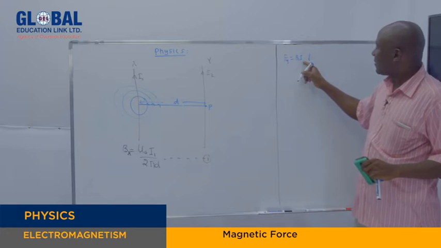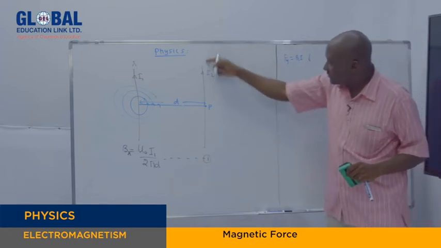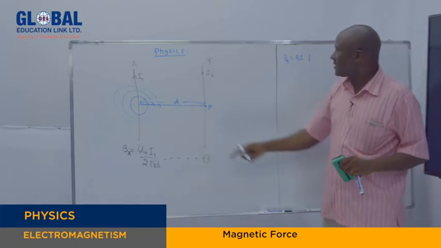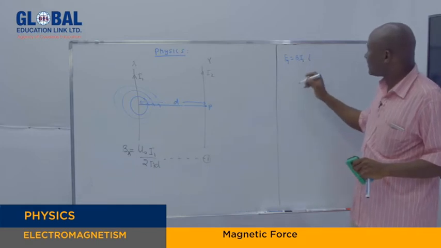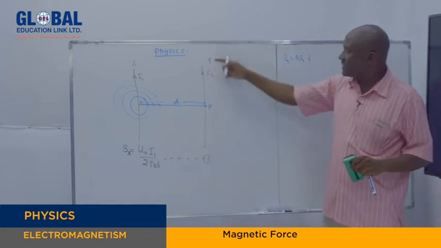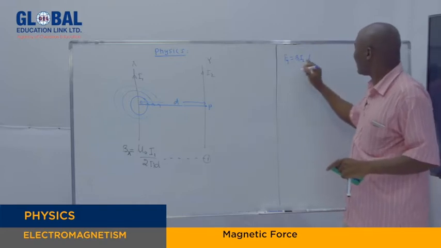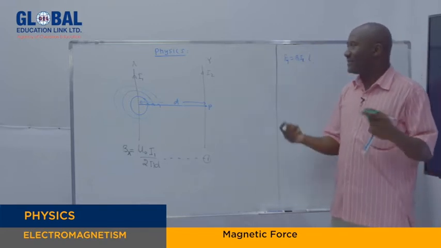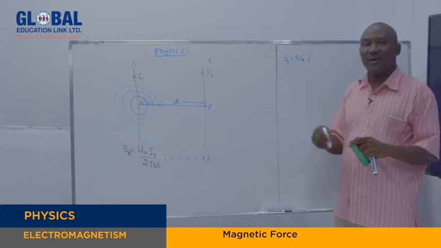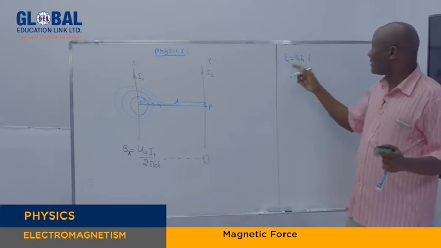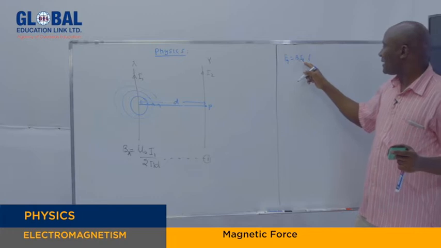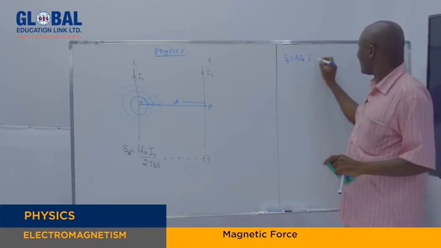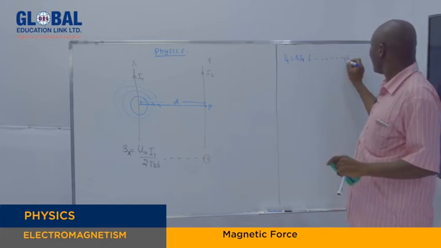What is I? We are looking for the magnetic force on a straight wire. This is our wire Y. So this will be our current 2, because we are talking about the magnetic force which will be experienced by wire Y. This is current 2, and this is the length of the wire. If it's a long wire, we talk of the force per unit length. If this length is known, we talk of the B I times length. So this is our equation number 2.